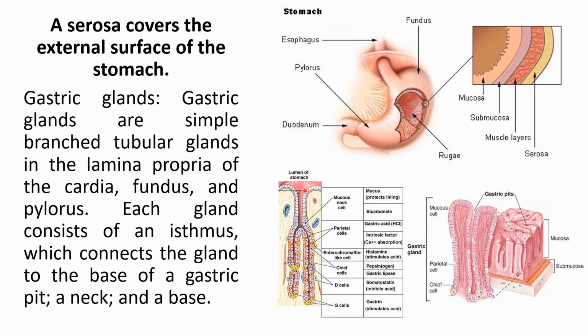Hence, there are two important parts in the gastric glands, the neck as well as the base. Now, the base is the functional part which produces different enzymes and other things, and the neck is the one which connects the base to the gastric pits.